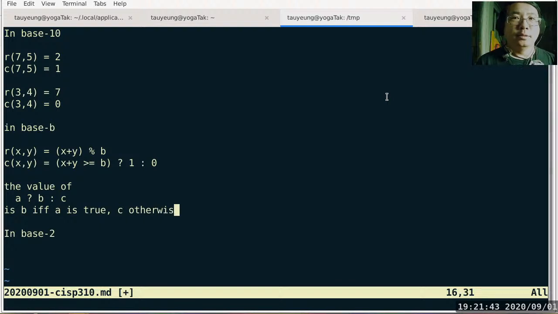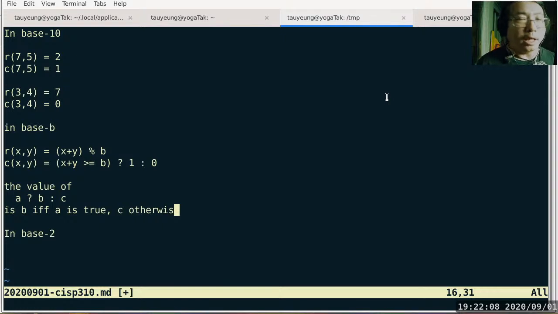So does that help? A is a condition. If and only if A is true, the value of the entire ternary expression is B. If and only if A is false, the value of the entire ternary expression is C. So we're good? Okay. So it's not quite a statement, to be exact.